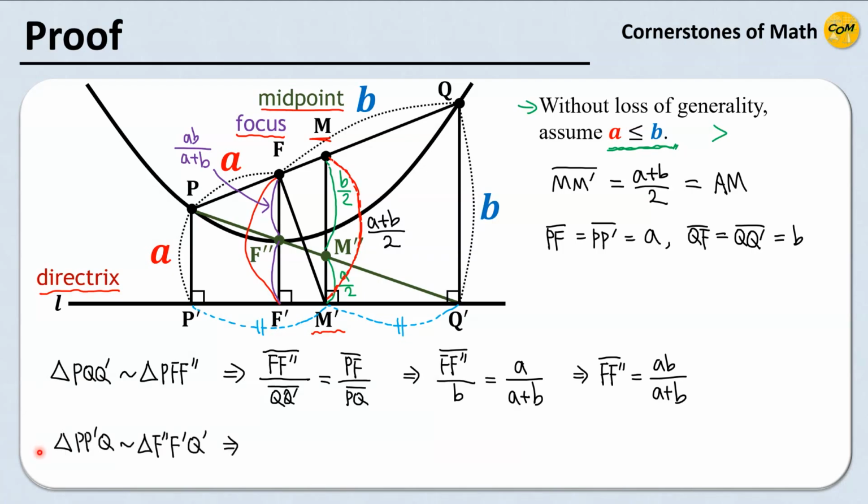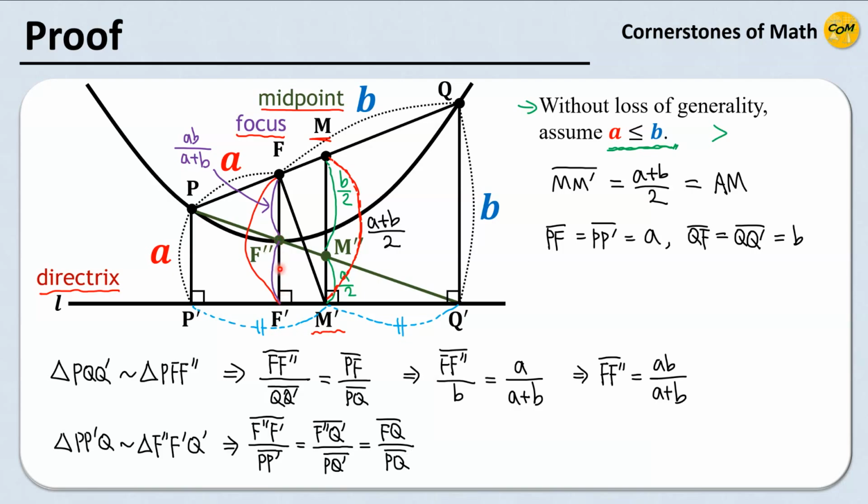Next, from the similarity between triangles PP'Q and F''F'Q, that is, this one and this one, the ratio F''F' to PP' is equal to F''Q to PQ, which is then equal to FQ to PQ.